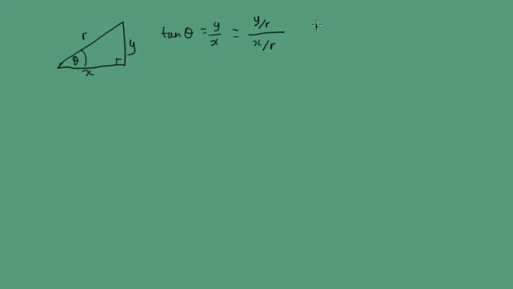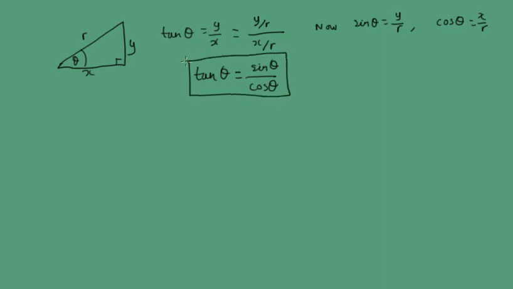Now, we know sine of theta is equal to y over r, and we know the cosine of theta is equal to x over r. So if we substitute y over r for sine theta and x over r for cos theta, we find out that tan theta is equal to sine theta over cosine theta.